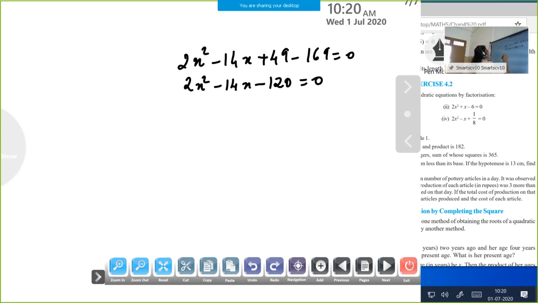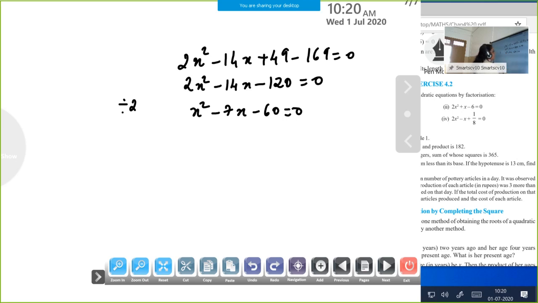Divide throughout by 2, that is x square minus 7x minus 60 is equal to 0. Okay.